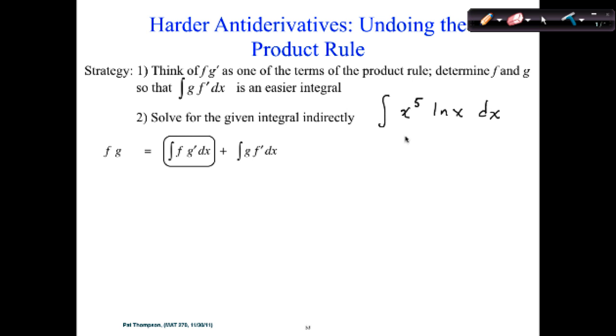So first of all, do we let that be f and that be g prime? Is that our assignment? Why not? Why is that not our assignment? Yeah, it's because again, you'd have to do this antiderivative of ln. So this is a little different than the ones I was just showing you with e to the x or sine x.